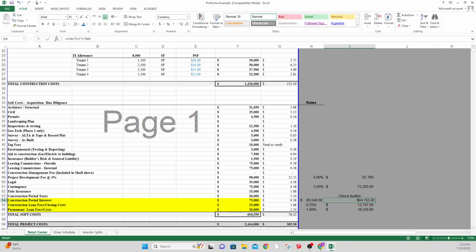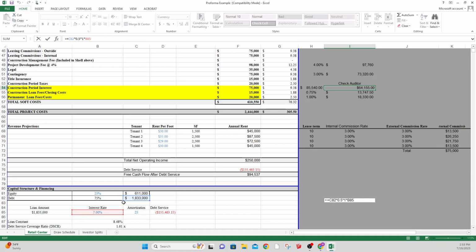The other way of looking at it is essentially looking at the assumed loan that you're going to have on it, and say that loan is going to be half outstanding, because honestly, the first money that goes into the deal is going to be the equity money. So if you have equity, that's going to go into the project costs first, and then you'll submit draws for a loan.